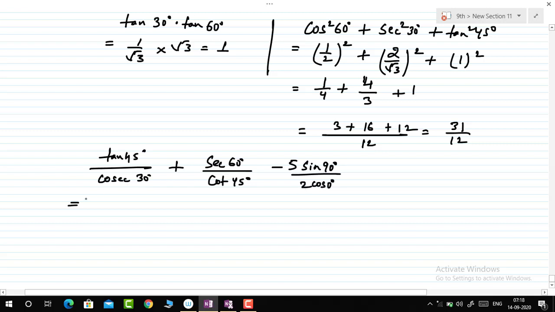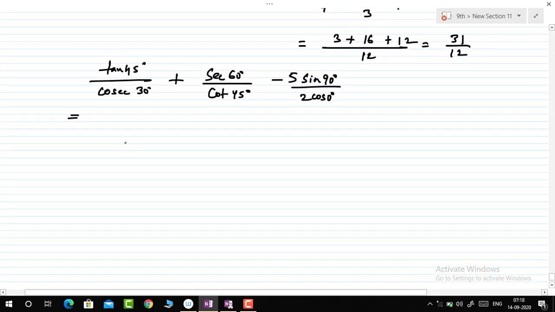Placing the values, tan 45 we know is 1, and cosec 30 is the reciprocal of sin 30. Sin 30 is 1 upon 2, so the reciprocal will be 2. Plus sec 60, which is the reciprocal of cos 60, and cos 60 is 1 upon 2, so the reciprocal will be 2.